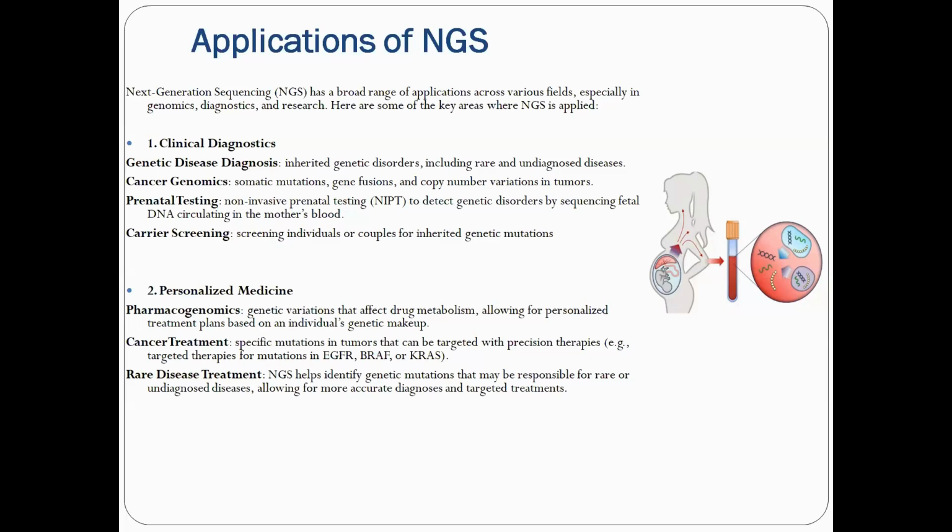And also in prenatal testing, for example, in case of NIPT or non-invasive prenatal testing, there is no need to go for invasive tests like amniocentesis, where there is a need to remove a little amount of amniotic fluid, but it can also harm the fetus.